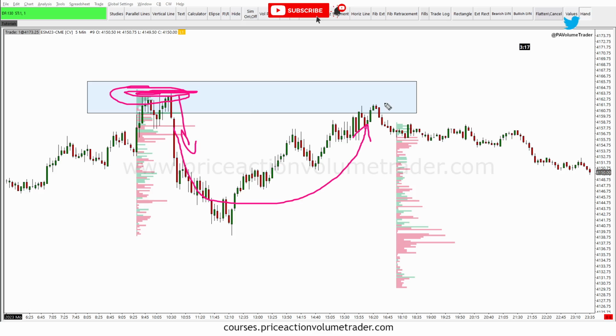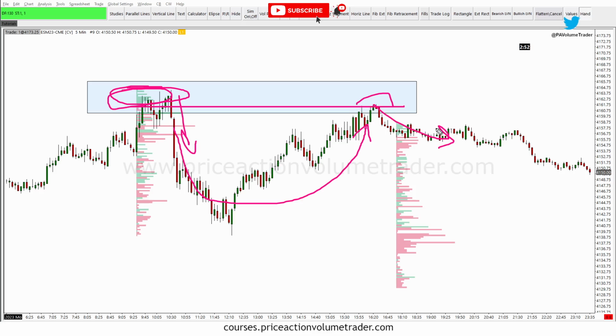So when we come back, we can expect the same sellers to still be defending this area. And you can see how, as soon as we pull back into this green aggressive buying area that was absorbed, again we rejected from this level and just started trending down again.